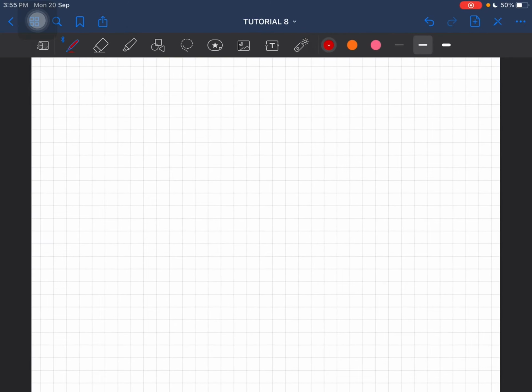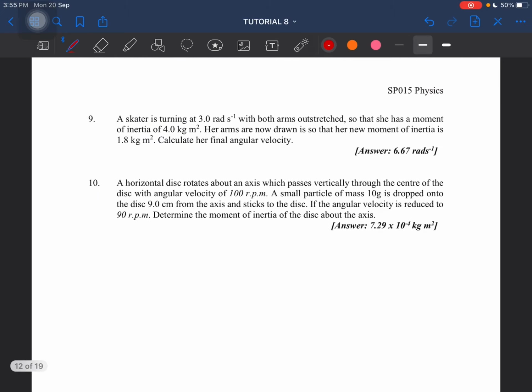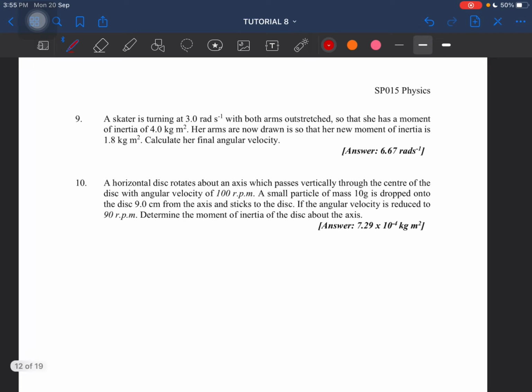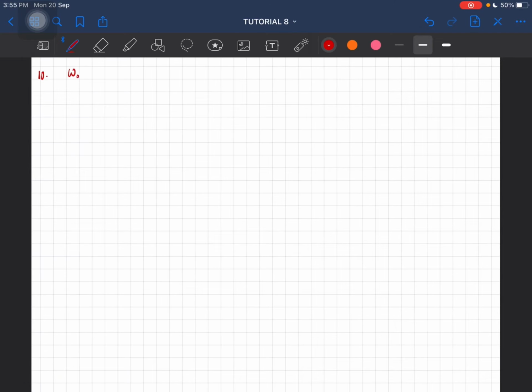So firstly, the information that we have is the angular velocity. The initial angular velocity is equal to 100 revolution per minute, and then the final angular velocity is given as 90 rpm.